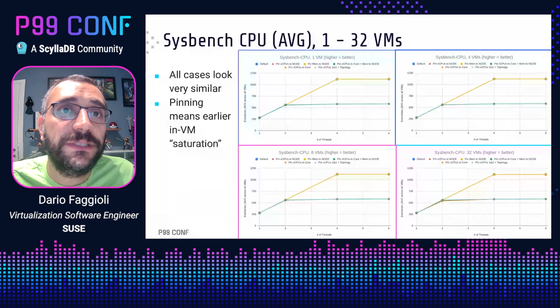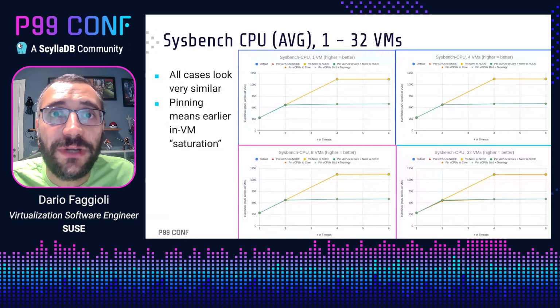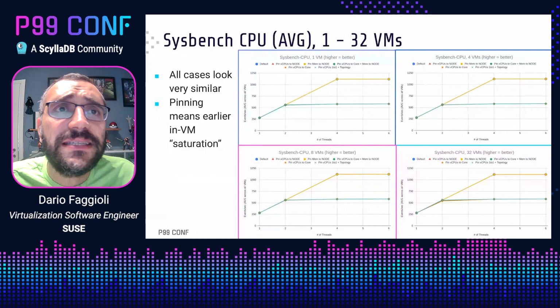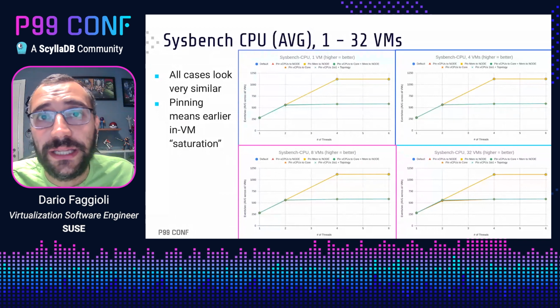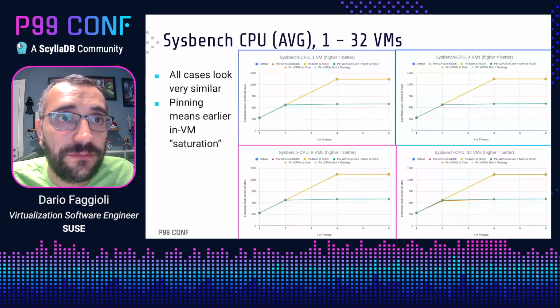We see that the configurations that include strict pinning saturate earlier. And this is due to hyperthreading, and it was expected, since in these cases the host scheduler is not able to spread the load among cores due to pinning itself.